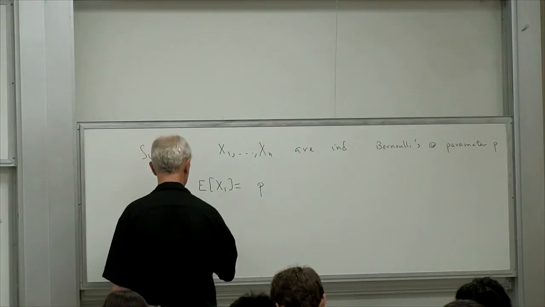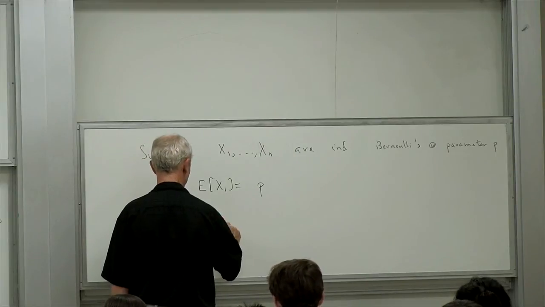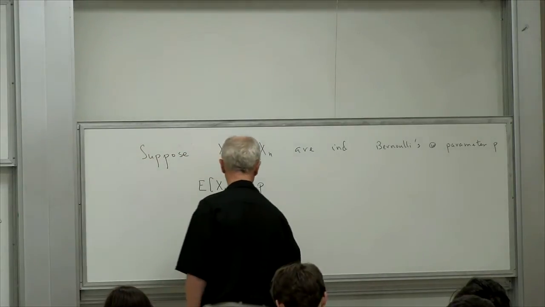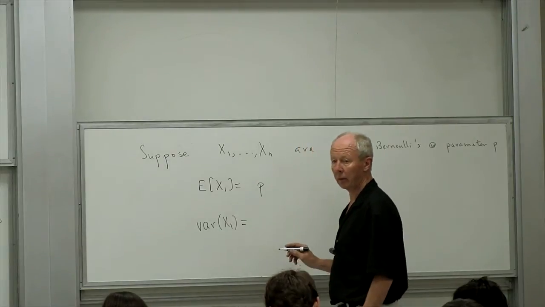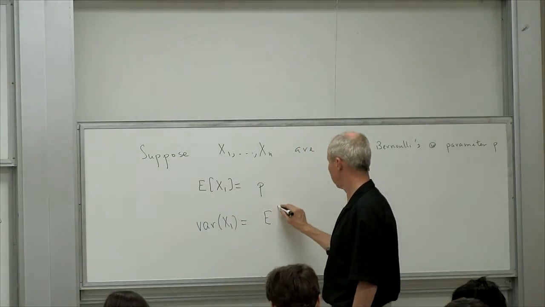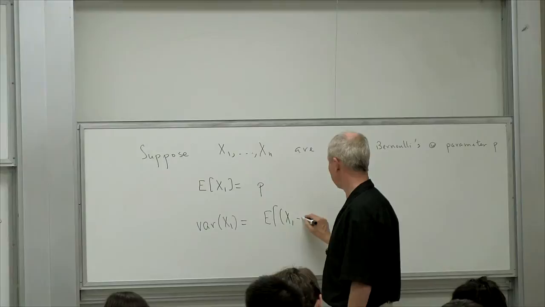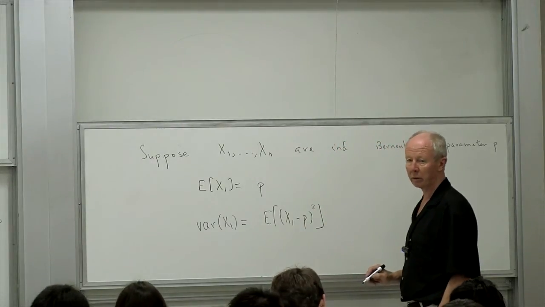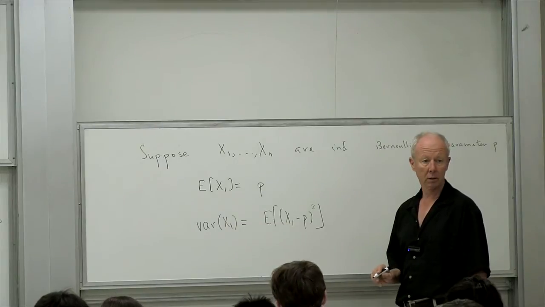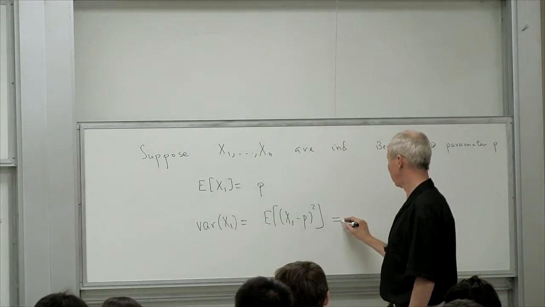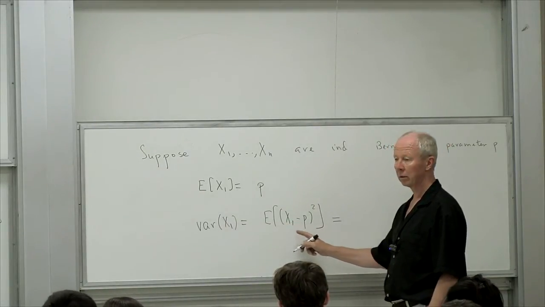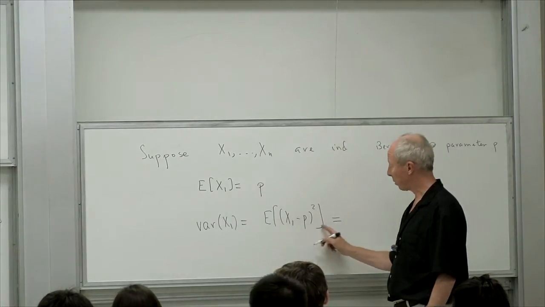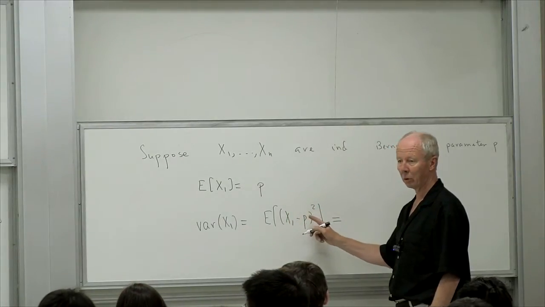Okay. What's the variance of X1? Remember what the variance is? How far you are from the expected value, squared. What values can this have? This is a random variable here, just a little more complicated than that one.